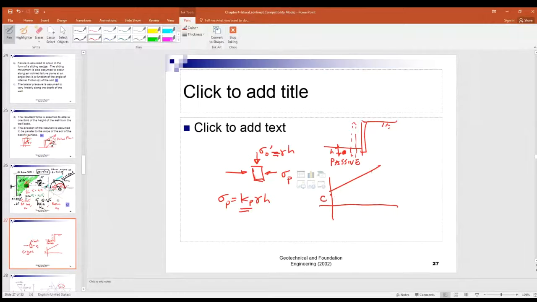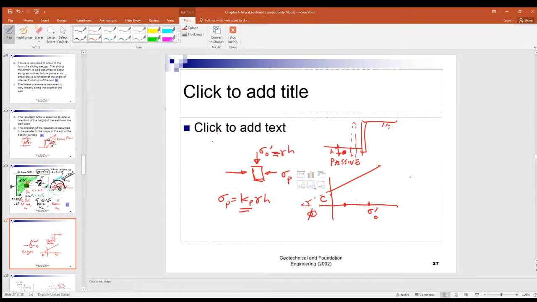That is C, that is phi, cohesion and the angle of internal friction. Now, here is sigma naught dash.